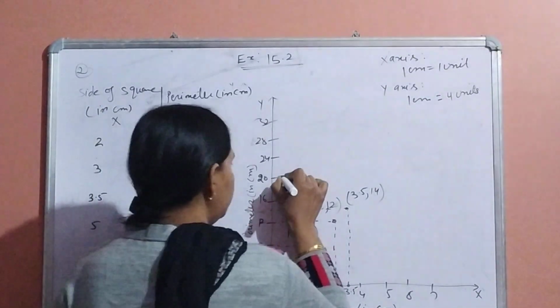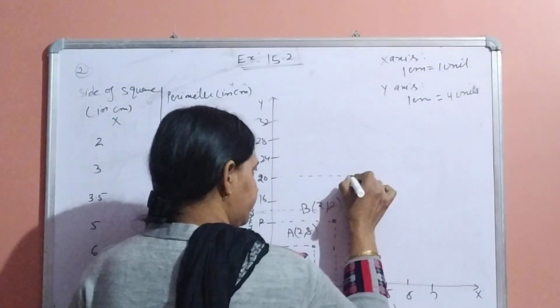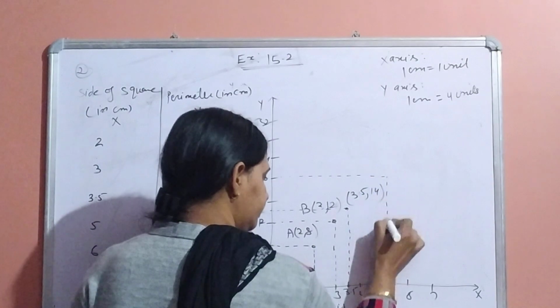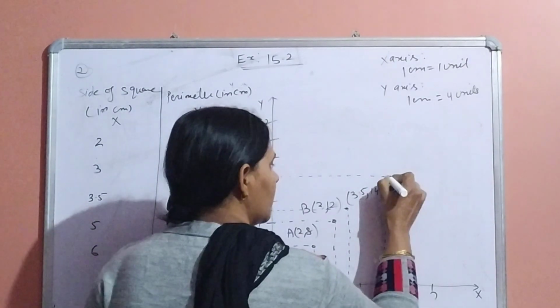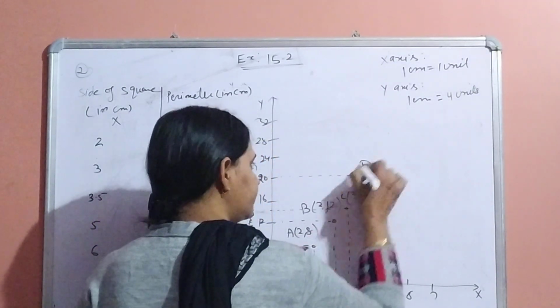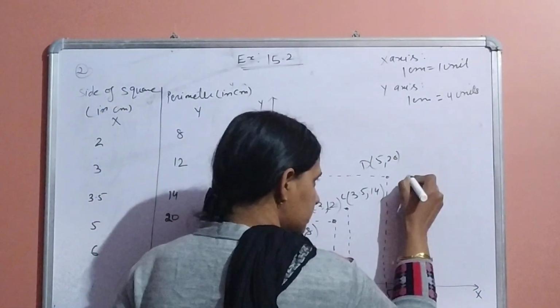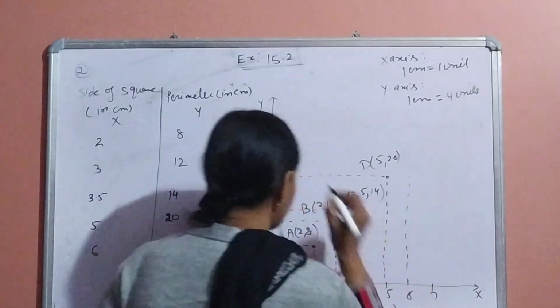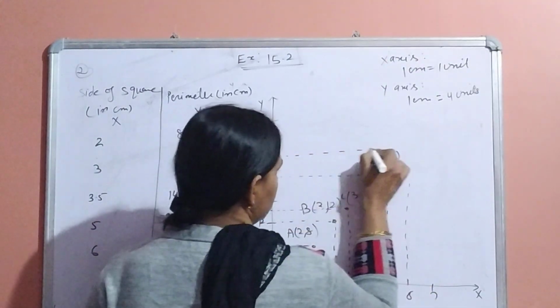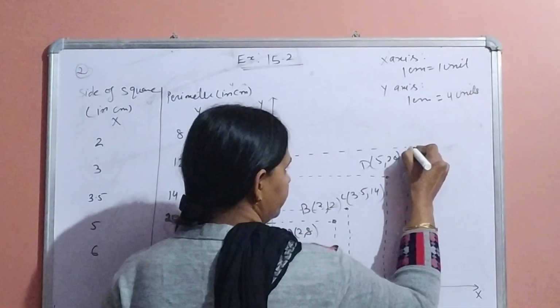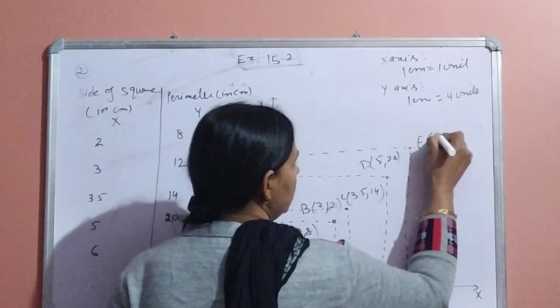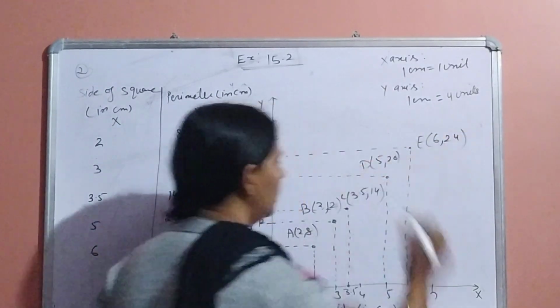Next is 5 and 20. Point D, (5, 20). Next one, x is 6, y is 24. Point E, (6, 24).